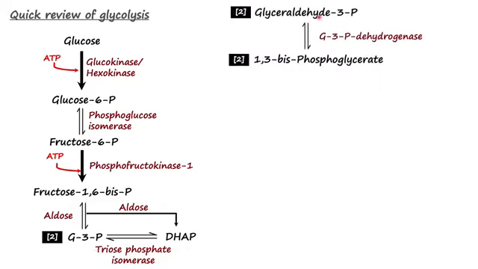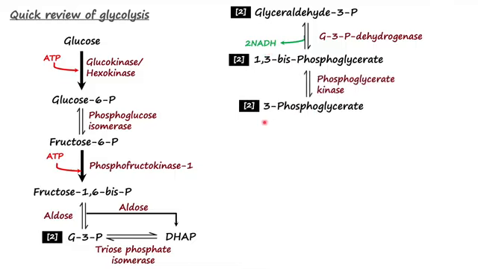Subsequently, glyceraldehyde 3-phosphate is converted into 1,3-bisphosphoglycerate, where this reaction also generates 2 NADH coenzymes, and subsequently 1,3-bisphosphoglycerate is then converted into 3-phosphoglycerate and produces 2 molecules of ATP, which is an example of substrate level phosphorylation.